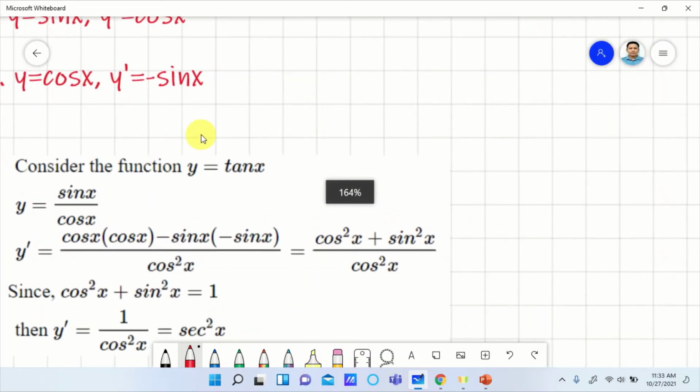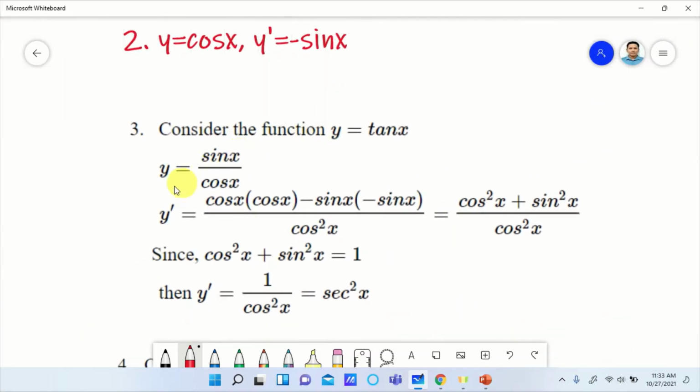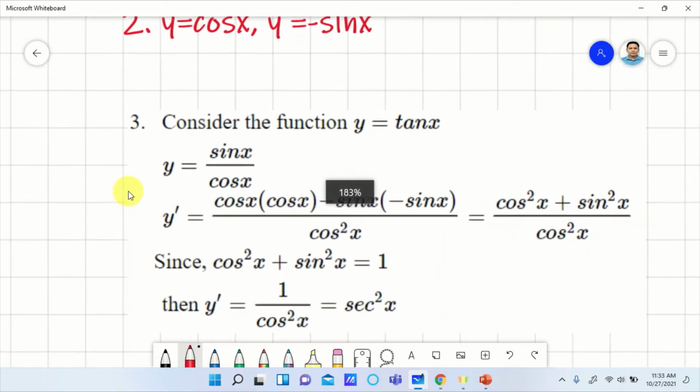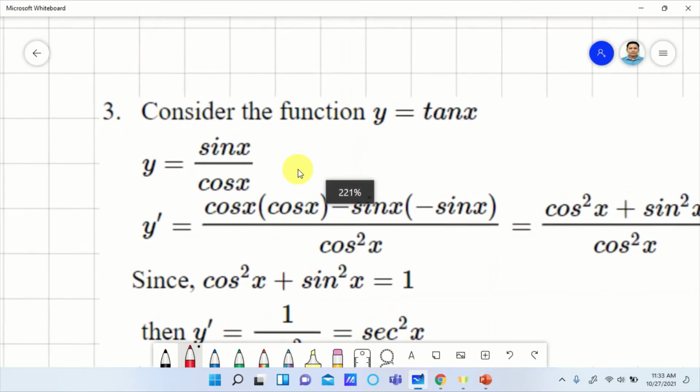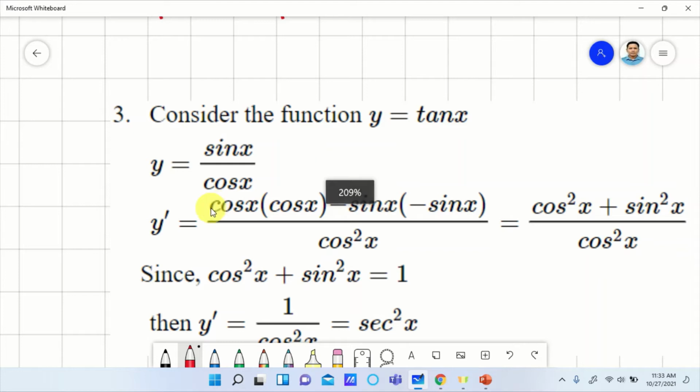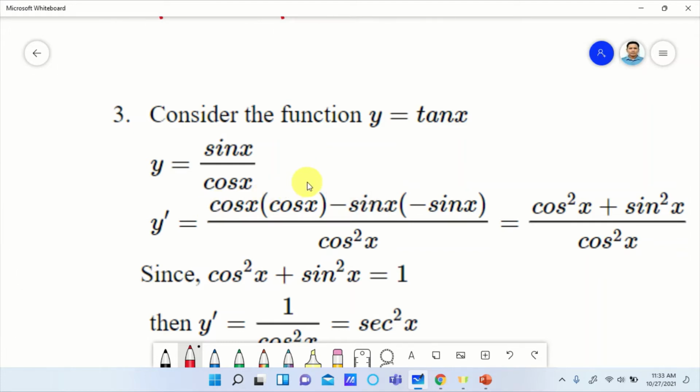You're aware that y equals tangent x can be expressed in terms of sine x and cosine x. That is, y equals sine x all over cosine x. And here, you can apply the quotient rule. The quotient rule is v du minus u dv all over v squared.